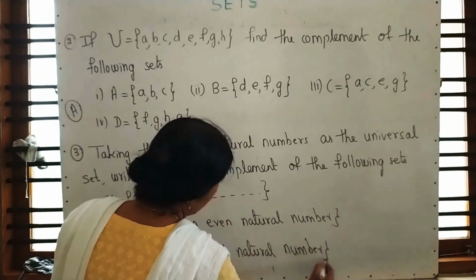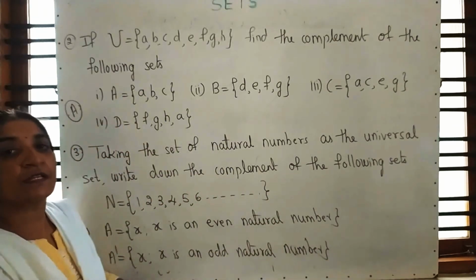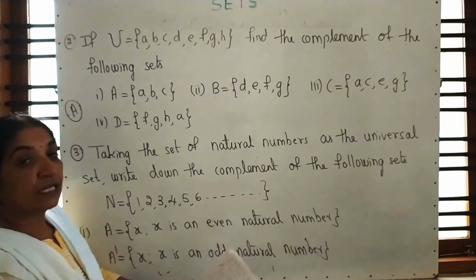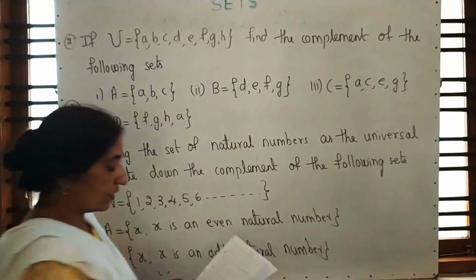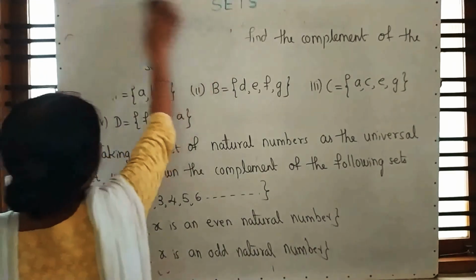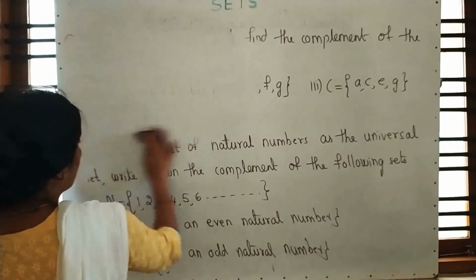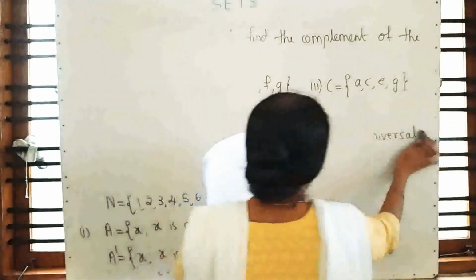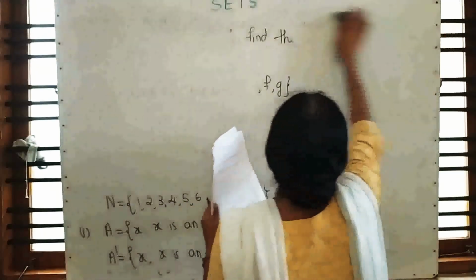Odd natural numbers are present in the set of natural numbers but not in A. So this is nothing but the complement of the given set. Moving to the next question. Remember, we are taking the set of natural numbers as a universal set here.